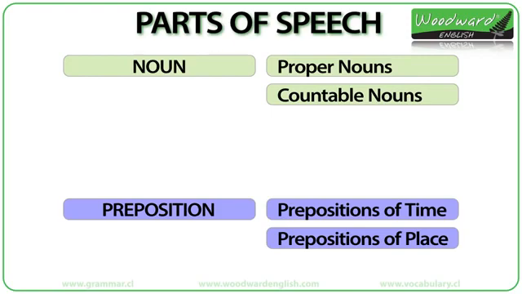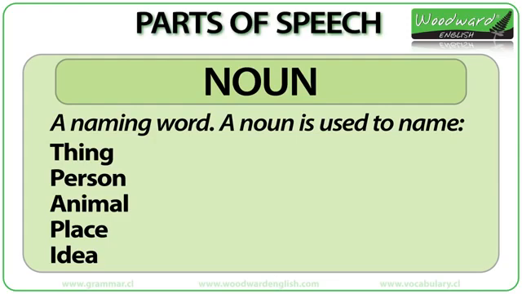Now, let's look at the 8 main parts of speech in English. A noun is a naming word. A noun is used to name a thing, a person, an animal, a place, or an idea. For example, we can name things.